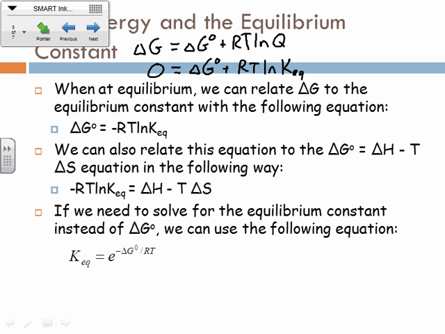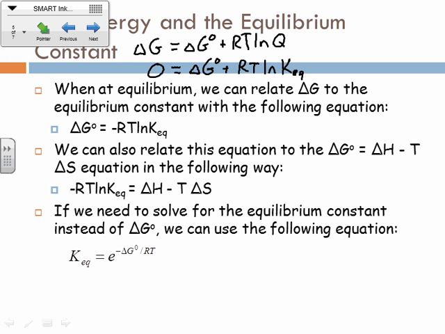So that's where that comes from. We can also relate that to this equation. There's delta G in both of these, so we can substitute this in for the delta G 0.